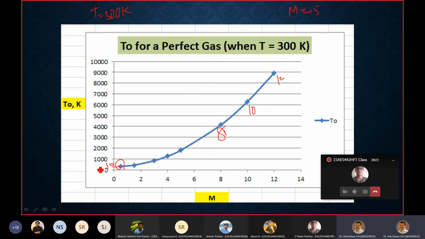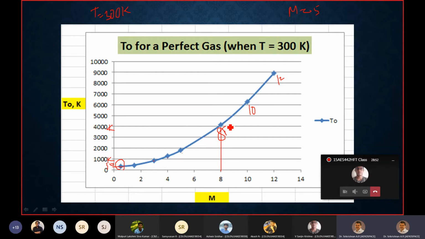But by the time you are at 4, it becomes 1000 Kelvin, right? And for 5, it becomes close to 2000. And say Mach 8, the stagnation temperature is 4000 Kelvin. If you bring Mach 8 flow to a stagnation state, you are going to have a temperature of 4000 Kelvin.